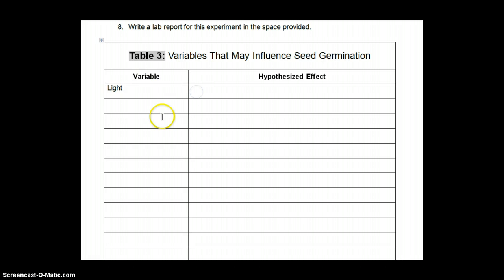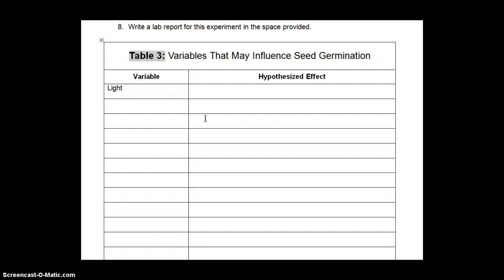So light might be a variable. Does the presence or absence of light influence whether bean seeds are going to germinate or not? So our hypothesis might be that light is necessary for germination, or that light inhibits germination, or that light doesn't matter one way or another.